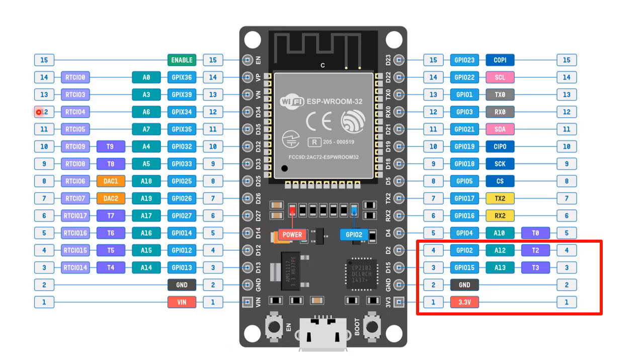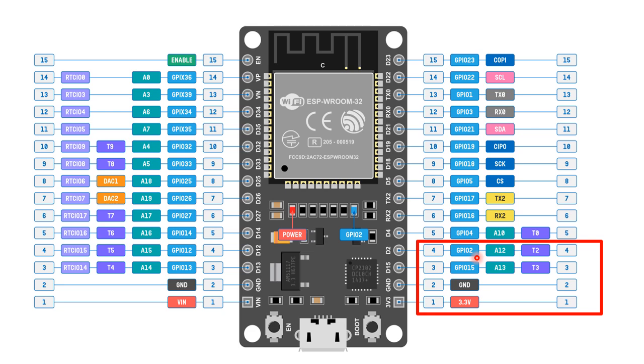Okay, this is the reference of the ESP32. We are using these pins: 3.3 volt, ground, GPIO 15 and GPIO 2.